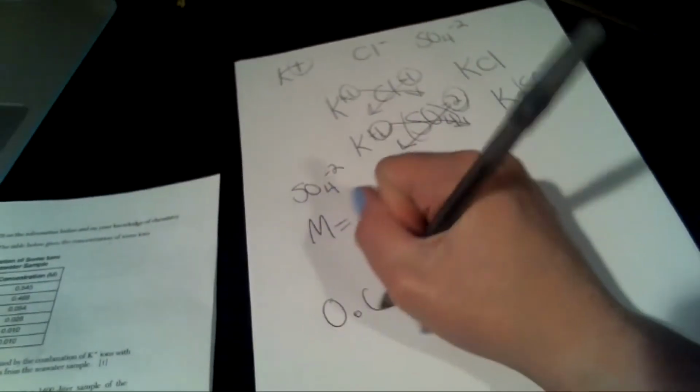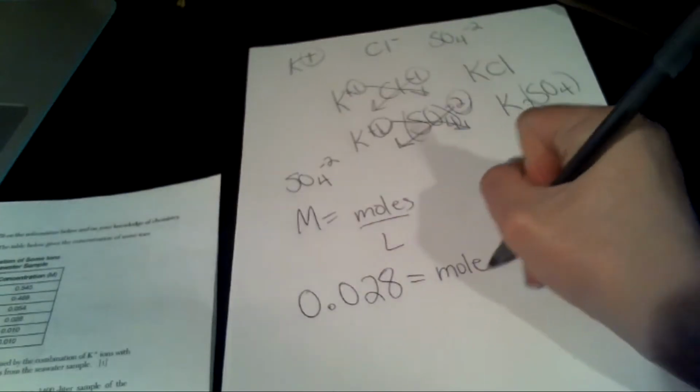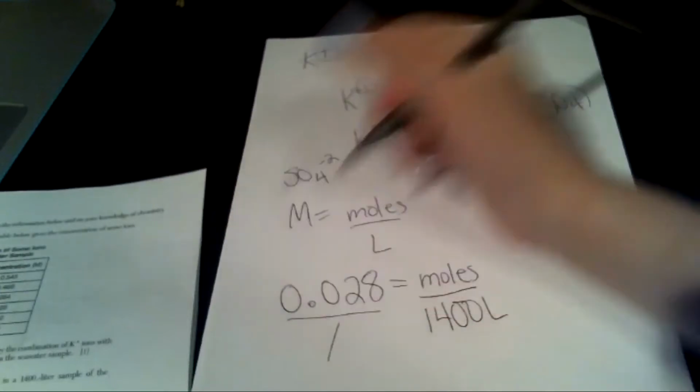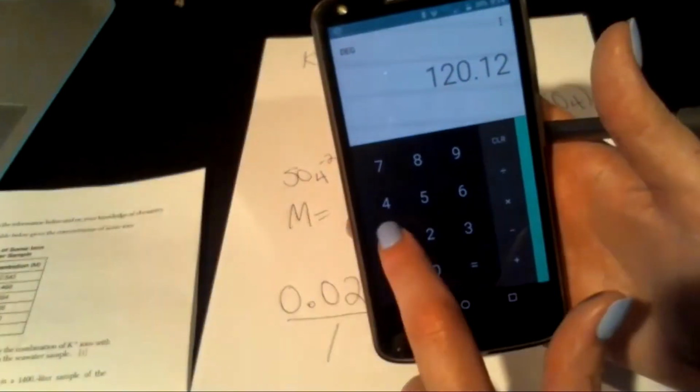The molarity, we are doing SO4 minus 2. It's telling me that the molarity is equal to 0.028. I need to figure out the number of moles, and it's telling me it's 1,400 liters. Put that over 1, cross multiply.